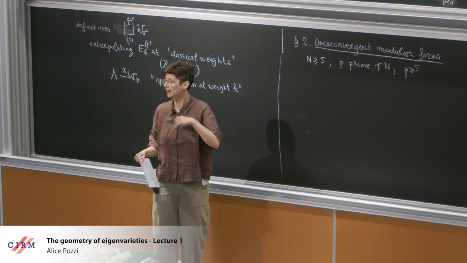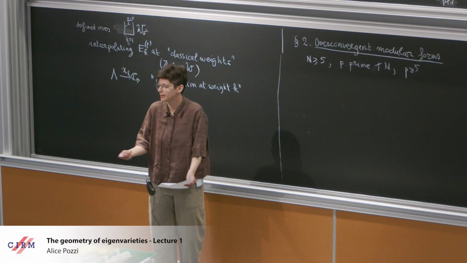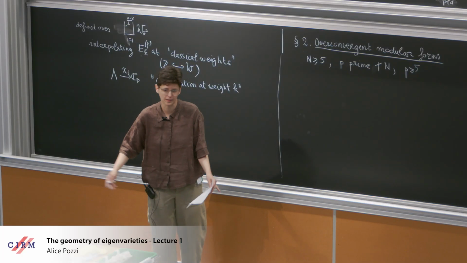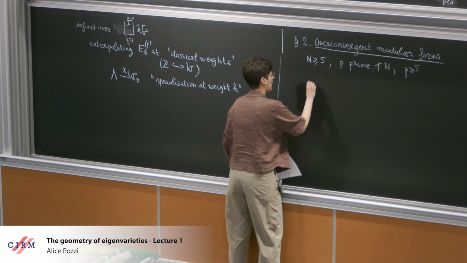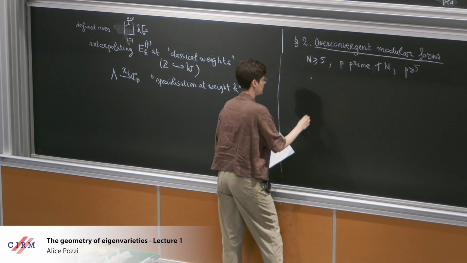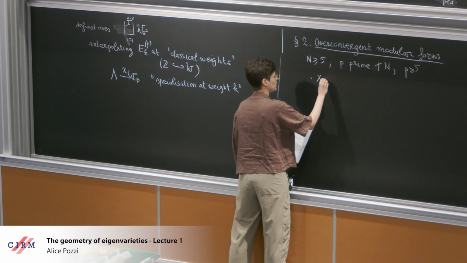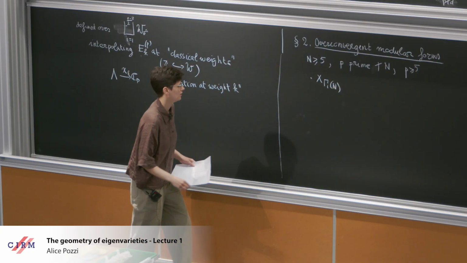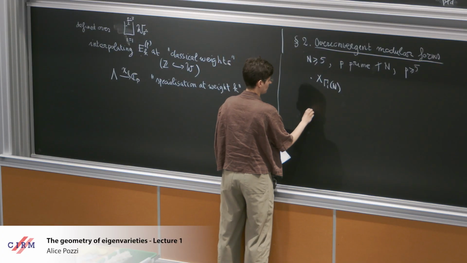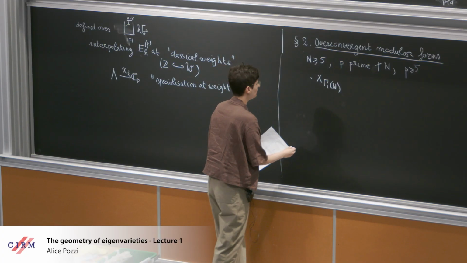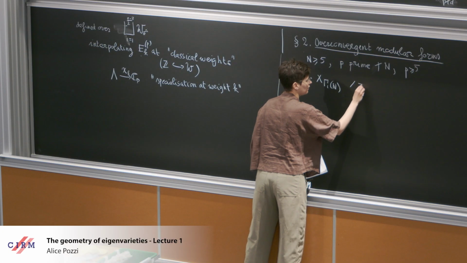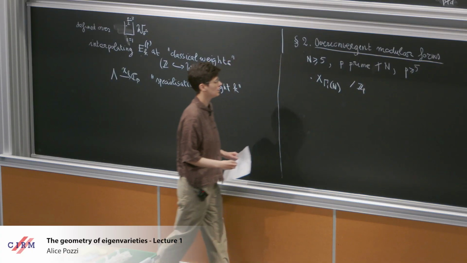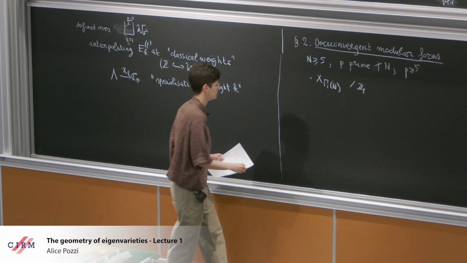These are just simplifying assumptions, but the setup can be made to work in other settings as well. So I'm going to write X_{Γ1(n)} for the modular curve of level Γ1(n), which I want to think of as a scheme over Z_p.